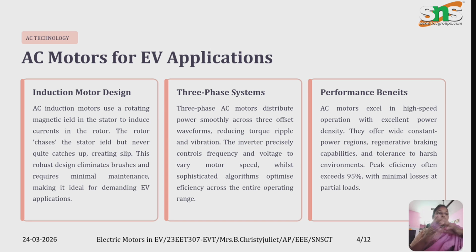The main benefits of using AC motors for EV applications are that they have high efficiency, up to 95%, and they work well at high speeds. They support regenerative braking, and you don't need brushes, so low maintenance is needed for AC motors. So AC motors are powerful and durable.